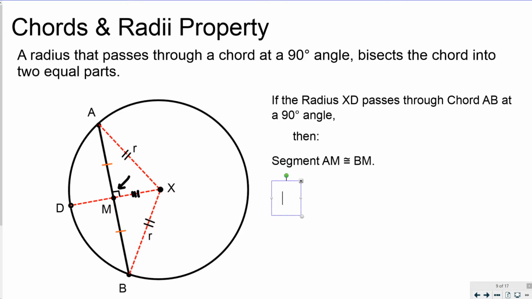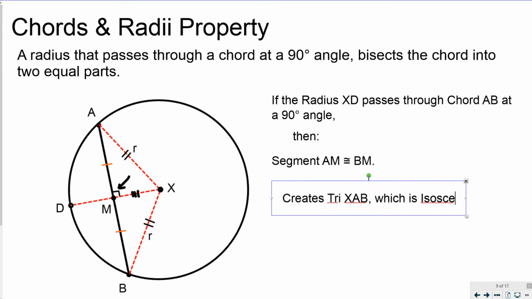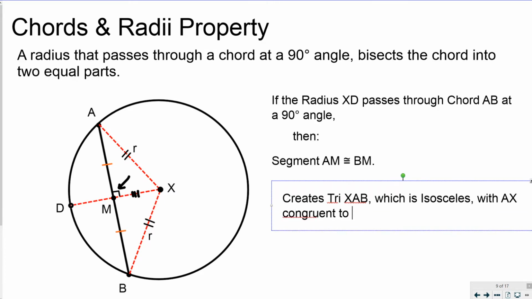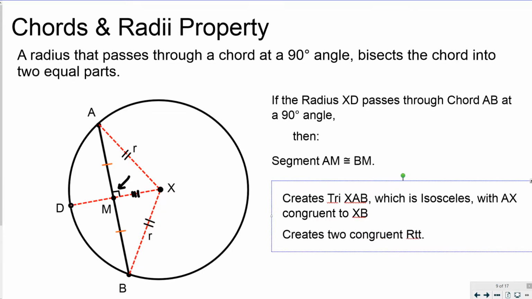So it creates triangle XAB, which is isosceles with AX congruent to XB, and then it also creates two congruent right triangles, and those right triangles are XAM and XBM.